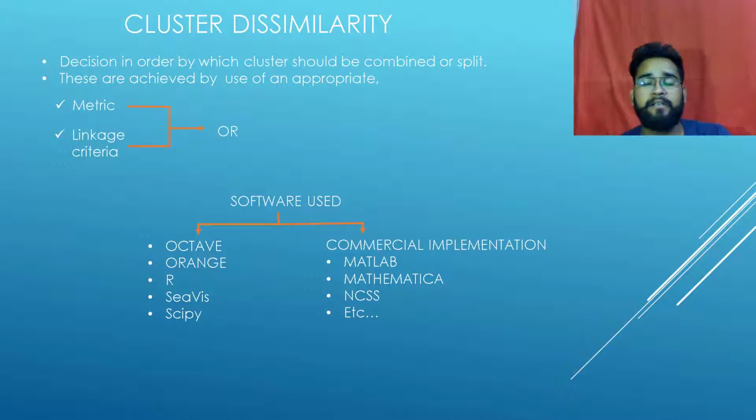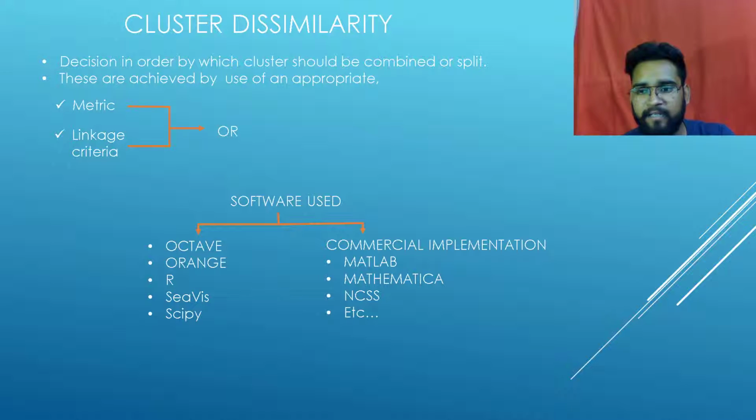Daily uses include marketing, which helps marketers discover distinct groups in their customer bases and then use this knowledge to develop targeted marketing strategies. Land use: identification of areas of similar land use in an earth observation database.